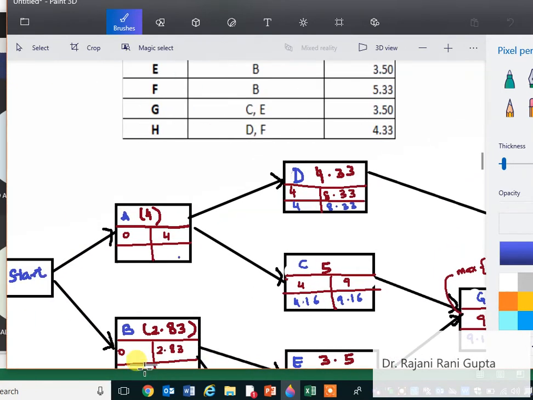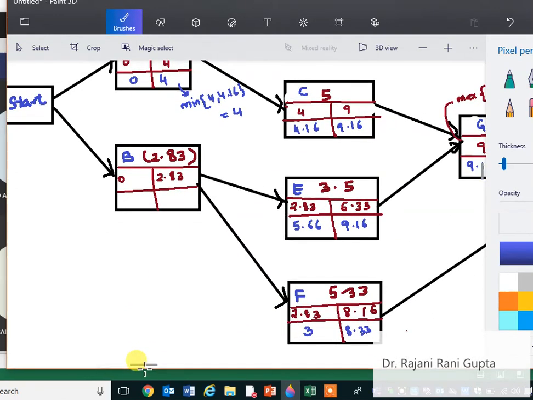So in this case, for this number it will be the minimum of the late start of D and C, which is 4.16. So what is the minimum? 4. So we will get here 4, and 4 minus 4, 0. Similarly for B, here it should be the minimum of late start of both the activities, 5.66 and 3.